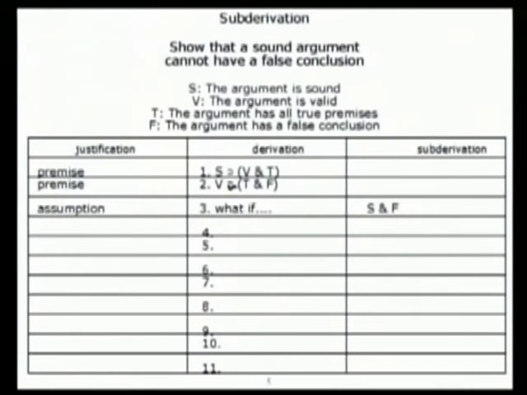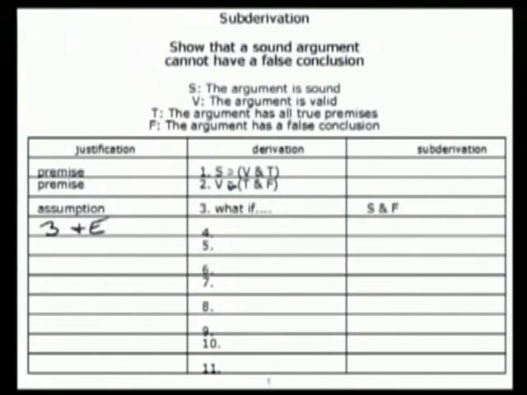So let's work together on this one. What if an argument was sound and it had a false conclusion? Okay. Well, then from 3, the only rule that we can really use right now is ampersand elimination.